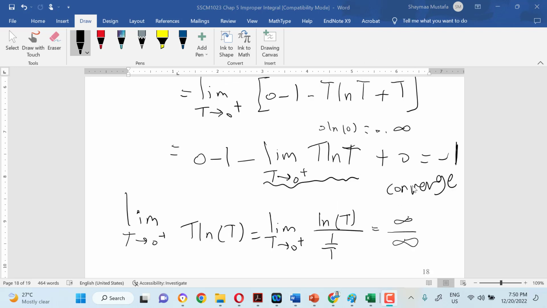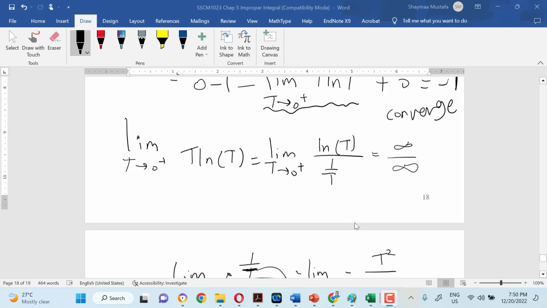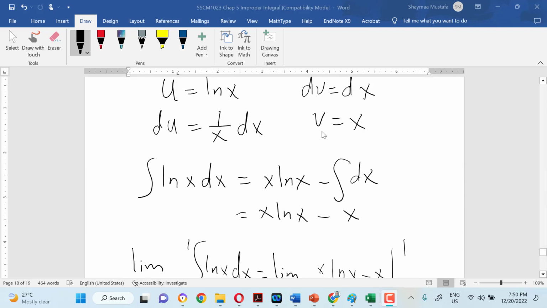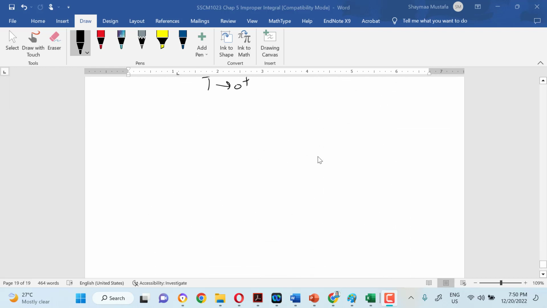Our integration converges, because this limit is equal to 0. It's actually infinity over infinity, and applying L'Hopital's rule it becomes 0. With this example we end chapter 5.